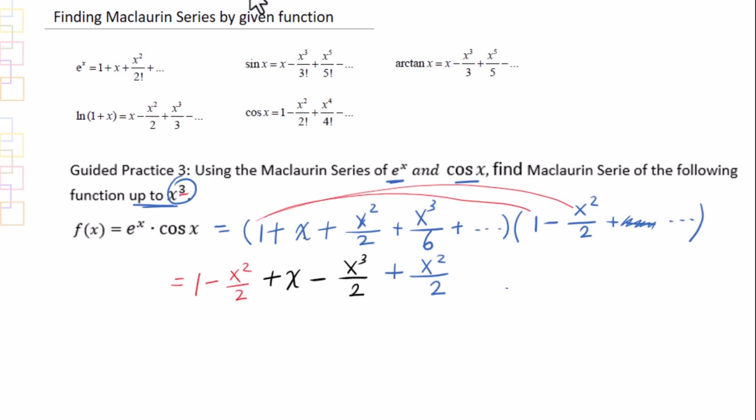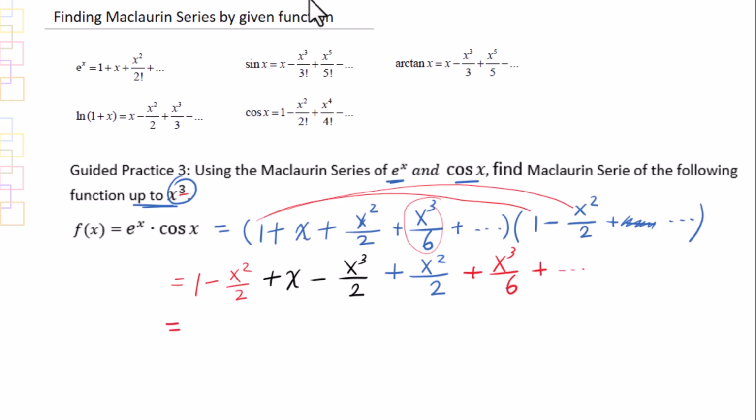Let's go to x to the third power over 6, this term. Multiplied by 1 is a positive x to the third power over 6. x to the third power over 6 times negative x squared over 2, the exponent is greater than 3, so we skip.